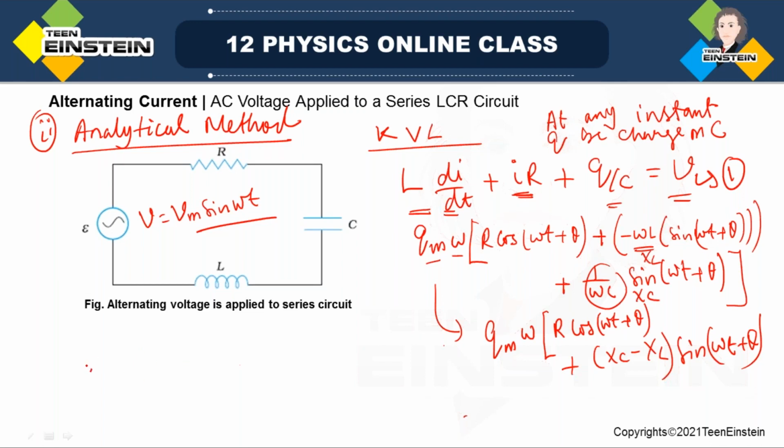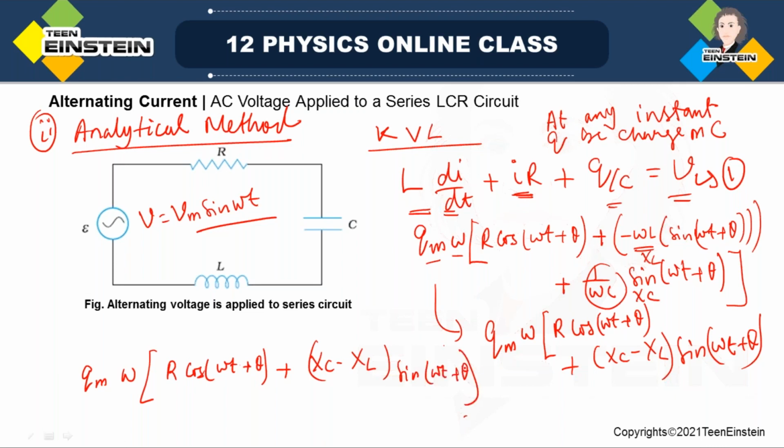Okay. So what we have got over here, look, we can write qm omega R cos of omega t plus theta, and then we have got XC minus XL sine of omega t plus theta.